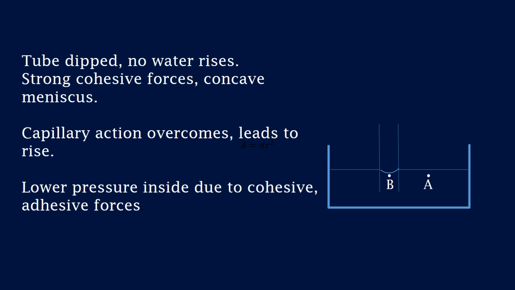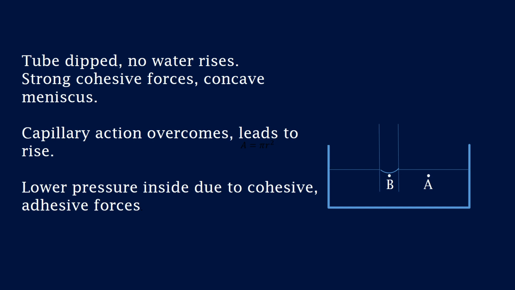When the water forms a concave meniscus, the pressure inside the capillary tube at the water surface level, point B, is lower than the pressure outside at the same level, point A. This pressure disparity arises from the combined effects of cohesive and adhesive forces, leading to meniscus formation.